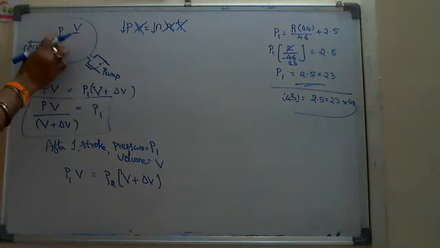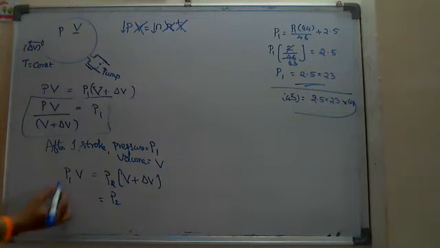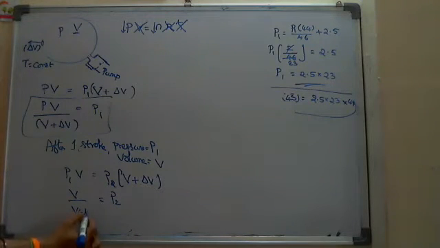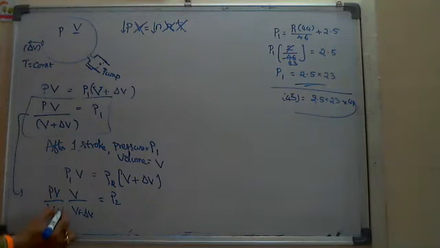Now the pressure in it will be P2, and that P2 I can write as P1 into V by V plus delta V. That P1 I am going to substitute from this equation. If I substitute P1, I will get PV by V plus delta V.